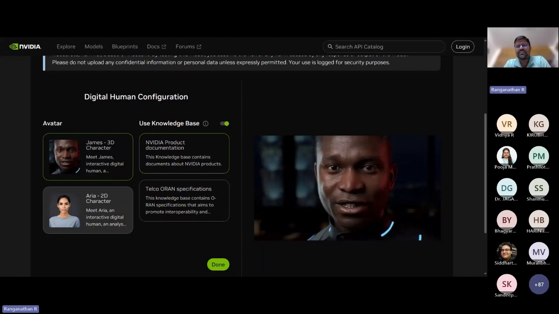In both cases, I'm going to show you how in real time the audio input I'm giving gets converted to text, how the text is hit against a standard knowledge source, and how you get a response in a matter of seconds. This is getting huge traction in the customer service space, and that's why I thought I'd show this to you. Let's start with James. I'm going to click on James.